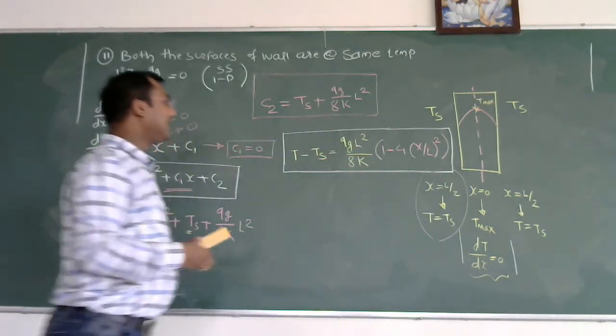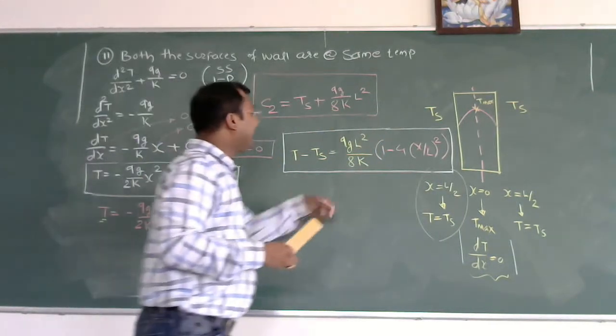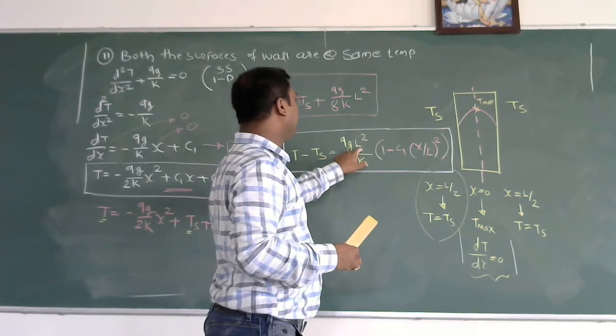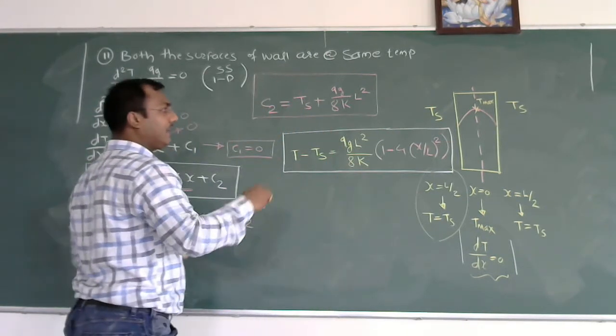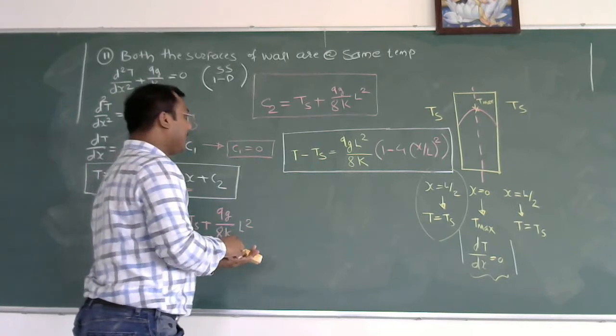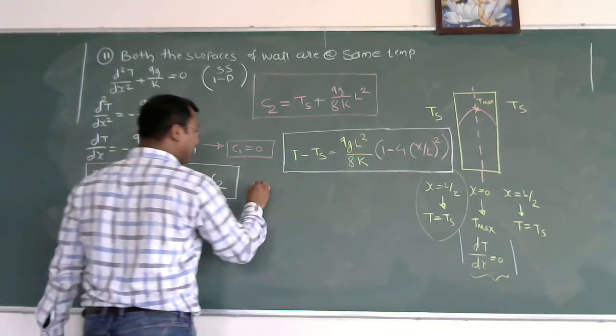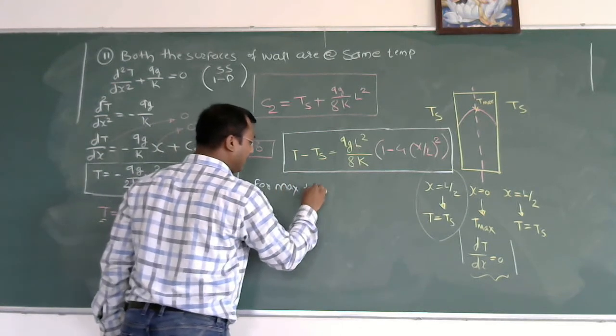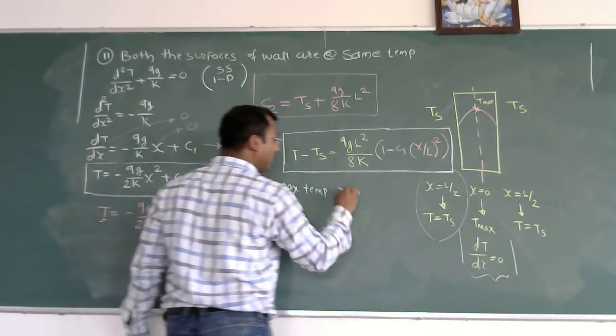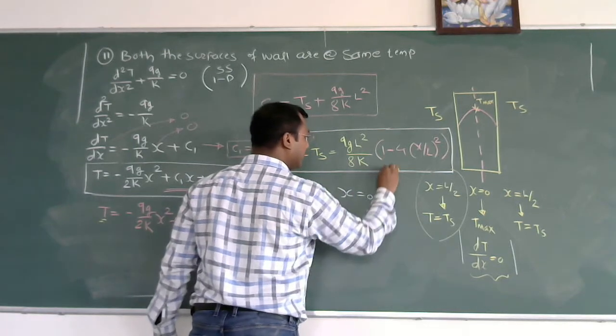that will be the temperature at any location x in the given wall if it is symmetric and both the surfaces are at the same temperature. Now for maximum temperature, put x is equal to 0 in the equation.